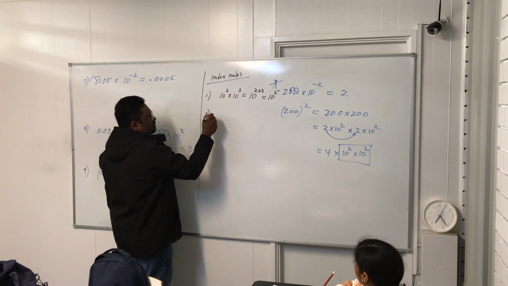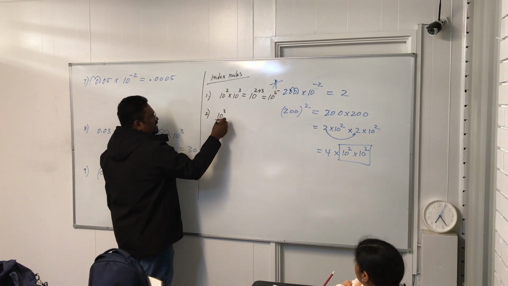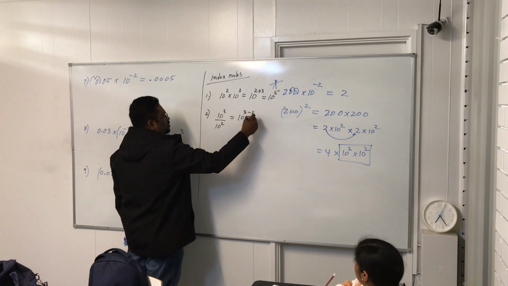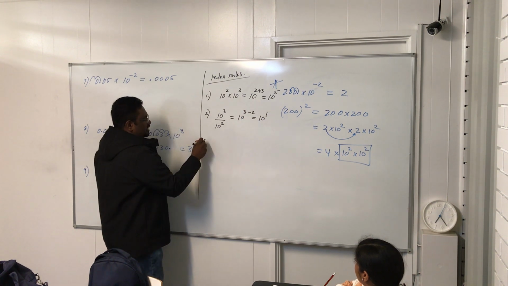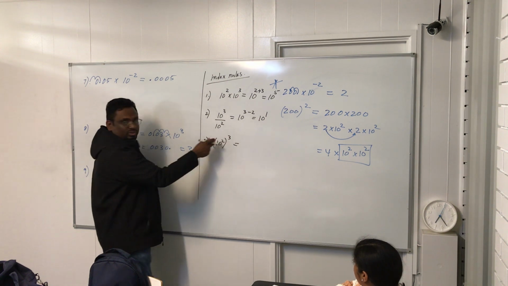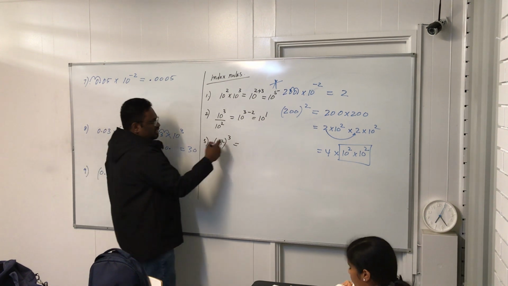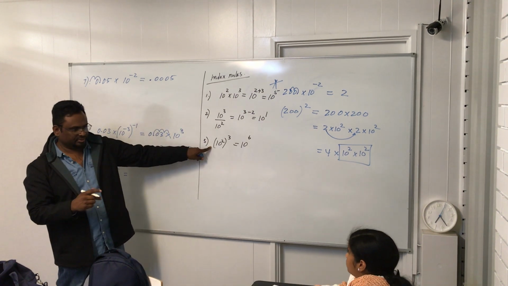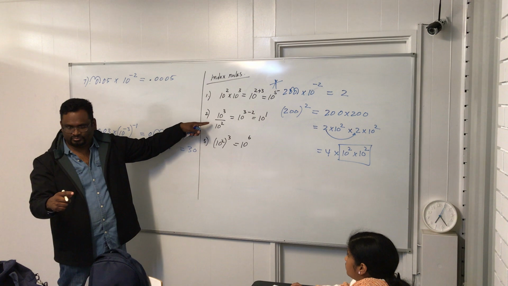Second rule: 10^3 divided by 10^2 is 10^(3-2). It's going to be 10^1. Third rule: (10^2)^3. Now this I taught you just before. That's going to be 10^6. These two I taught last week.